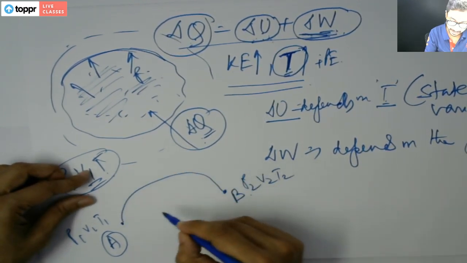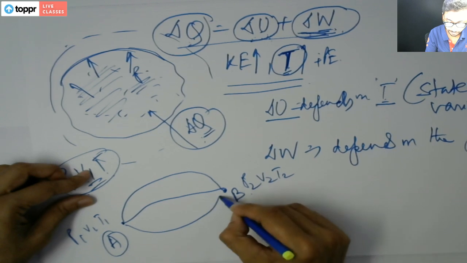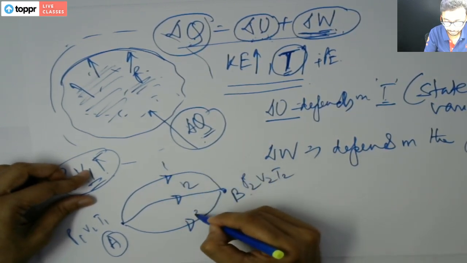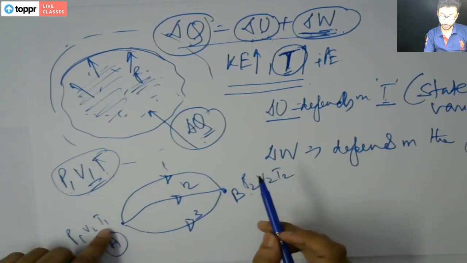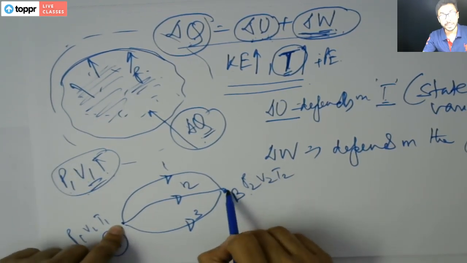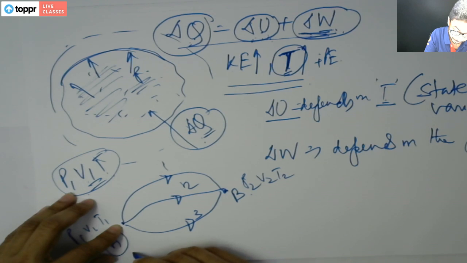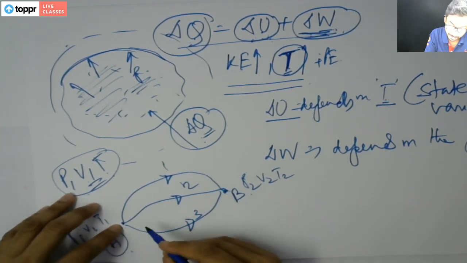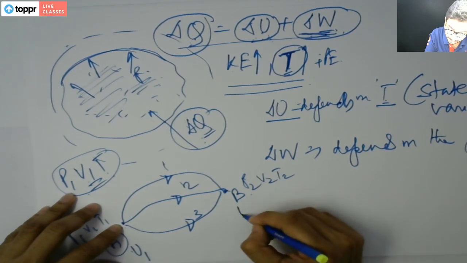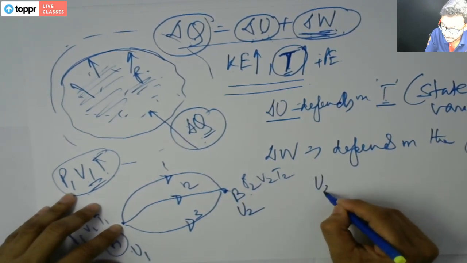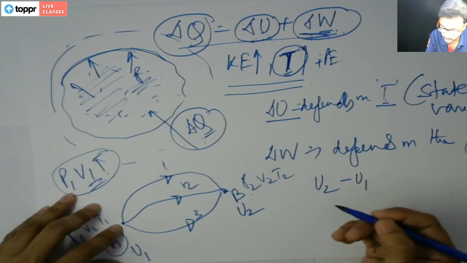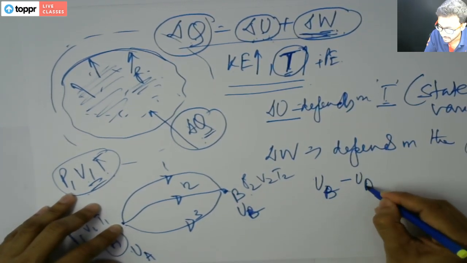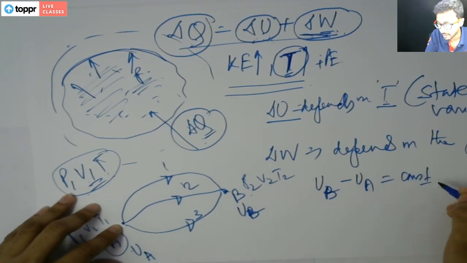If we take the gas from this to that through 3 separate paths, we will see in these 2 states the internal energy change will be the same. That is, if this is U1 and this is U2, U2 minus U1, or rather UB minus UA, is constant.